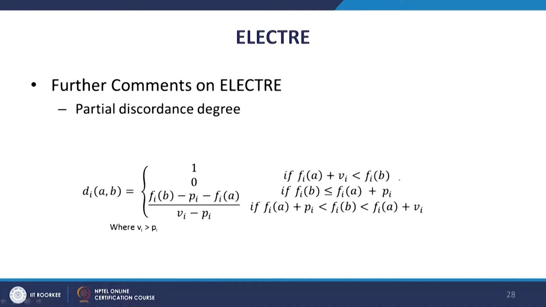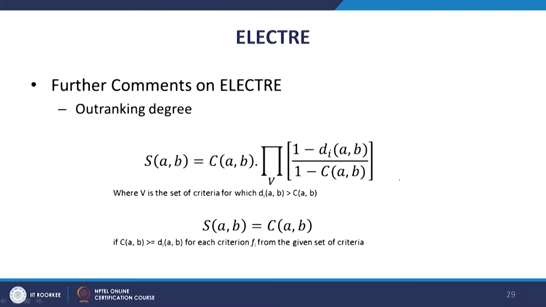We also talked about the partial discordance degree, with its formula, different scenarios and possible values. Then we talked about the outranking degree and how it is finally computed.